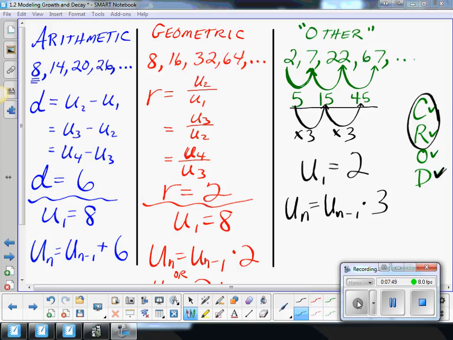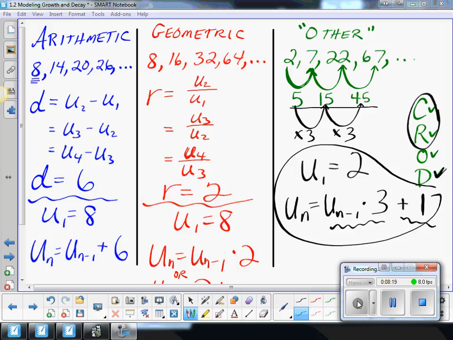The last step is to just tack on a little adjustment number. What are we off by? 6, 21, 66. We're off by 1. That's how you find the missing link right there. So that would be the pattern in this example called other. And there's a name for it. It's kind of geometric, but it's been shifted. So it's known as a shifted geometric sequence. And we'll learn more about those in section 1.3.